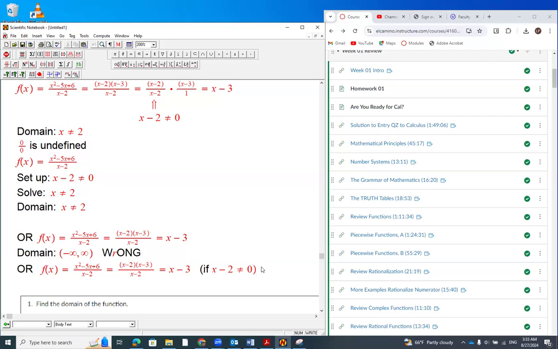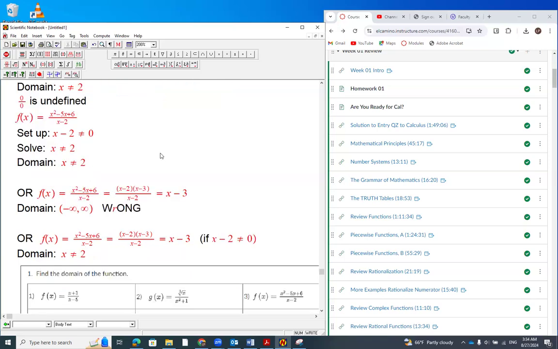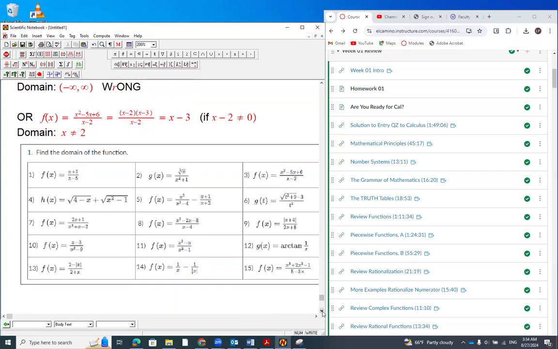And then you also draw the same conclusion. So the domain is still x not equal to 2. You judge which version is the simplest. It's up to you.